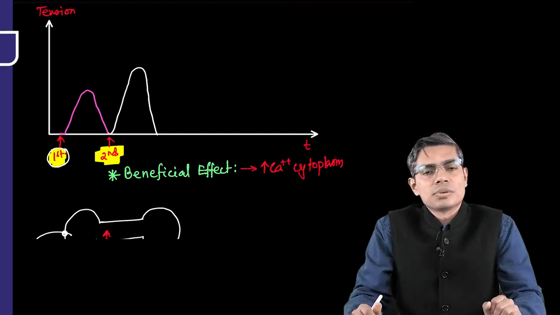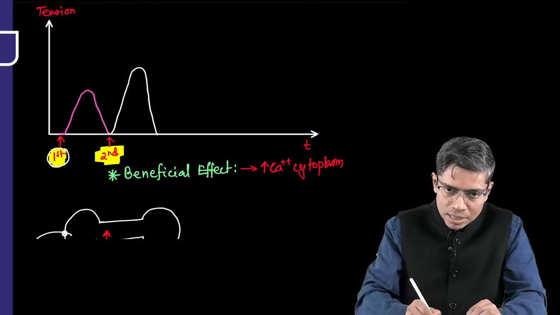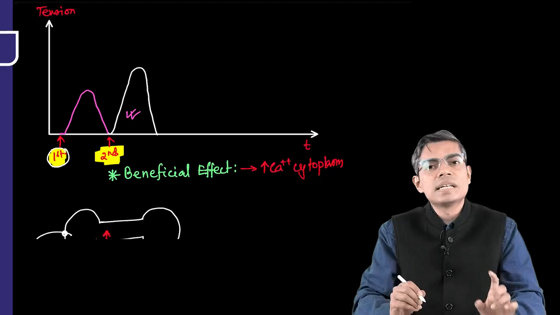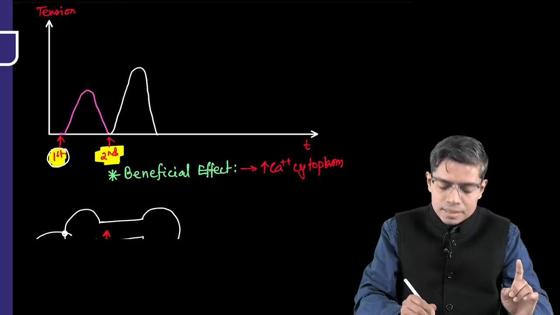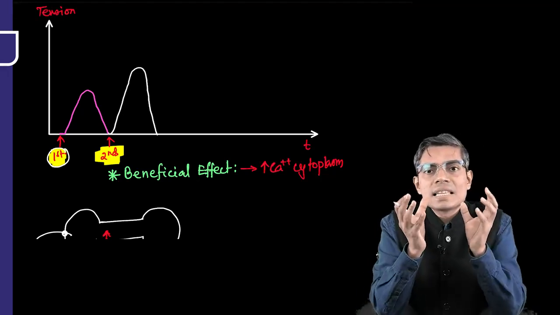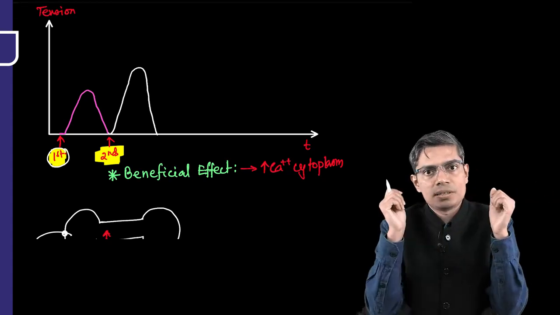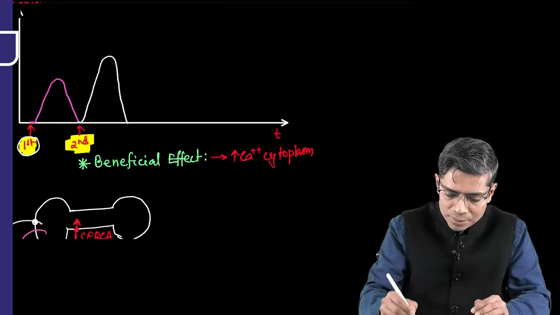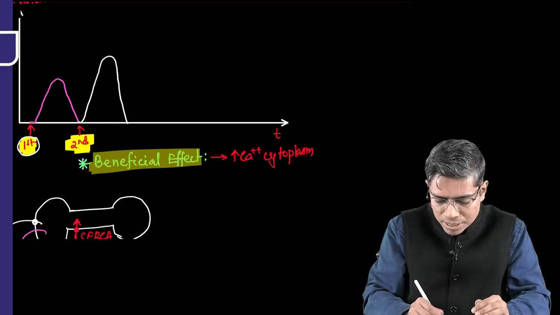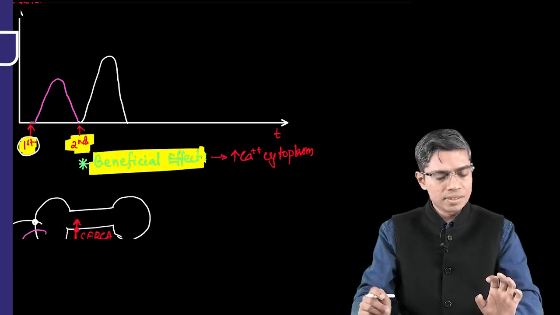Getting my point? The second stimulus is getting benefited by the first contraction. What benefit is it getting? It is getting some remainder of calcium from the first stimulus. This is known as the beneficial effect, and due to it, the height of the second contraction is more than that of the first, right?